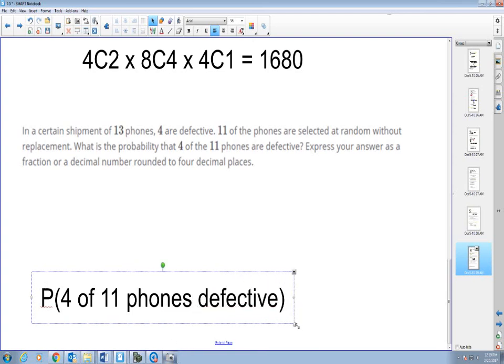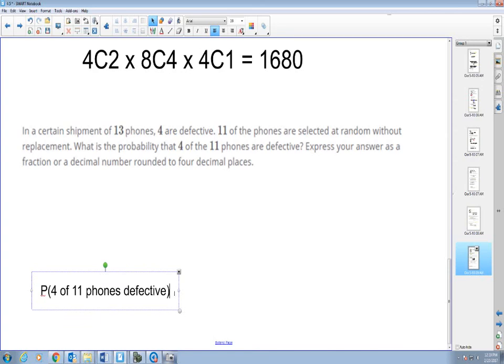Okay, so this problem is a bit tricky because out of the 13 phones, 4 of them are defective, and I'm selecting 11 phones.